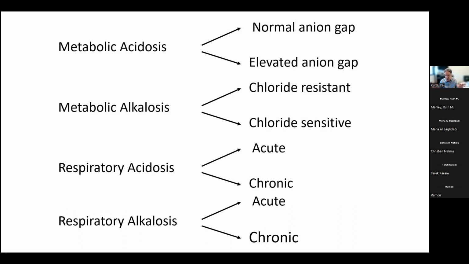The bicarb is not going to come down. And we have ways of predicting that without having to do the experiment of giving chloride. We use the urine chloride, as I'll show you today, as a predictor of whether the patient will respond to your therapy of giving chloride or not. We want to predict that before we have to give the chloride in the real world. And there's a way to do that.